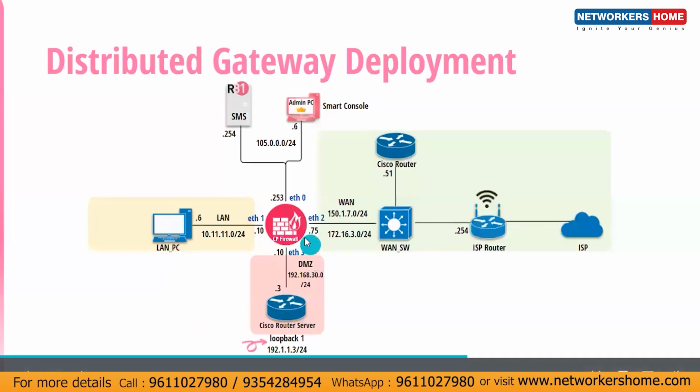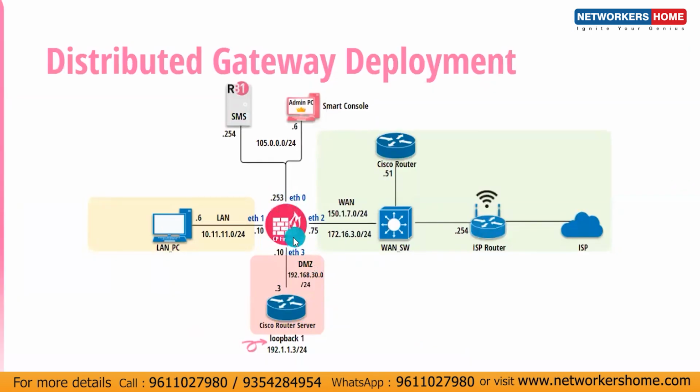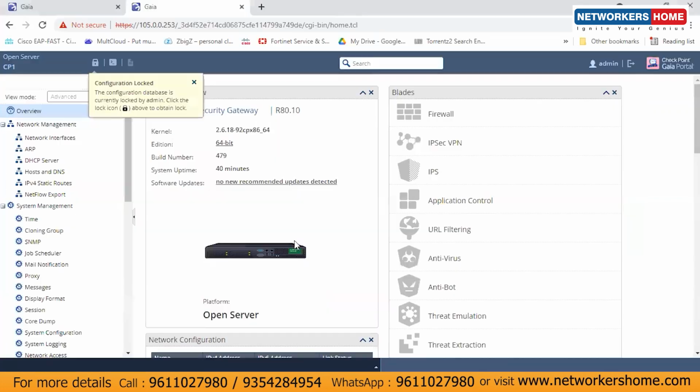Once I'm logged in, from here I can go for a static route, default route, DNS configuration, everything. Let the GUI appear first. As you can see in our topology, our IP address is 253 for the firewall. So I'm trying to get Gaia GUI access for this particular firewall.